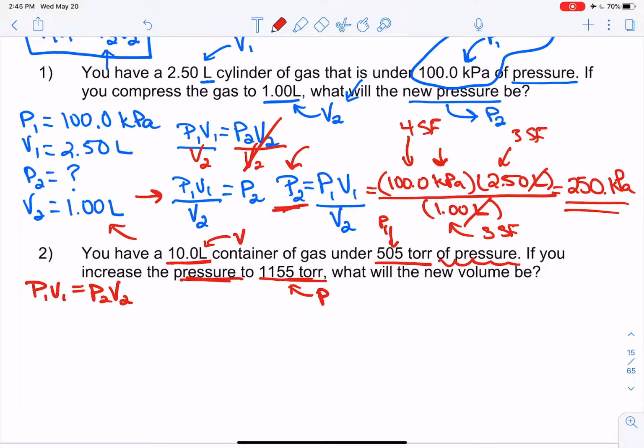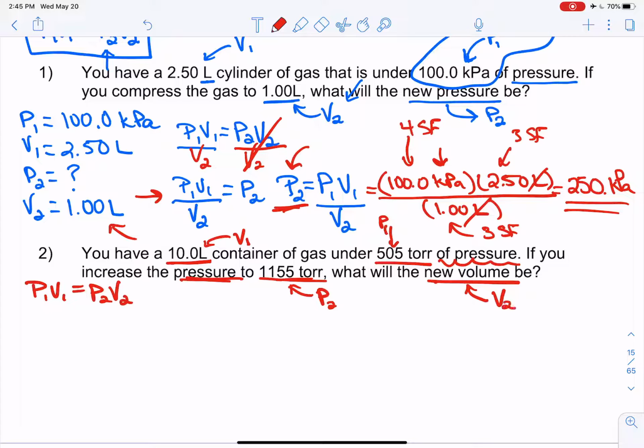So P1 and P2. Now the volume that goes with P1 is 10 liters, and if P1 is P1, then the V that goes with it must be what? V1. Okay. We also are being asked for a new volume, so that has to be a V. And if you have V1 and another V comes along, the next V is probably what?